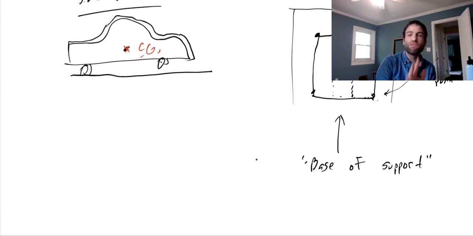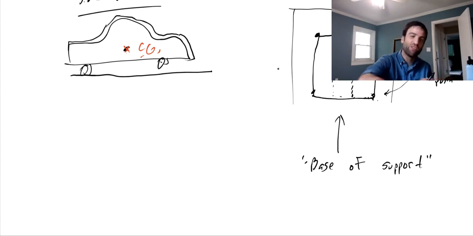Great. But this rule of thumb, again, just to reiterate, is kind of just a feature of geometry that ultimately stems from the fact that if this condition about the base of support and the vertical line going through an object's center of gravity is satisfied, meaning that vertical line pierces the base of support, then something is stable. That just comes from the geometric fact that if you take your base of support and that condition is satisfied, then if you try to rotate the object, you're going to raise up the center of mass of the object.